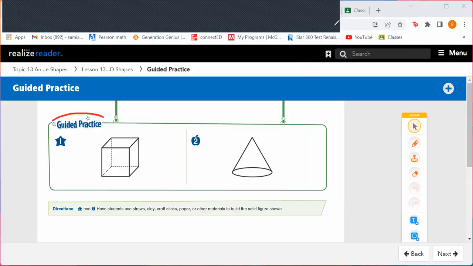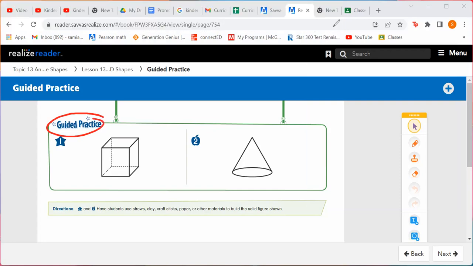Okay, we're at our guided practice. So for problems 1 and 2, you're going to use straws or clay, craft sticks, paper, or any other materials you have to build these solid figures that you see.